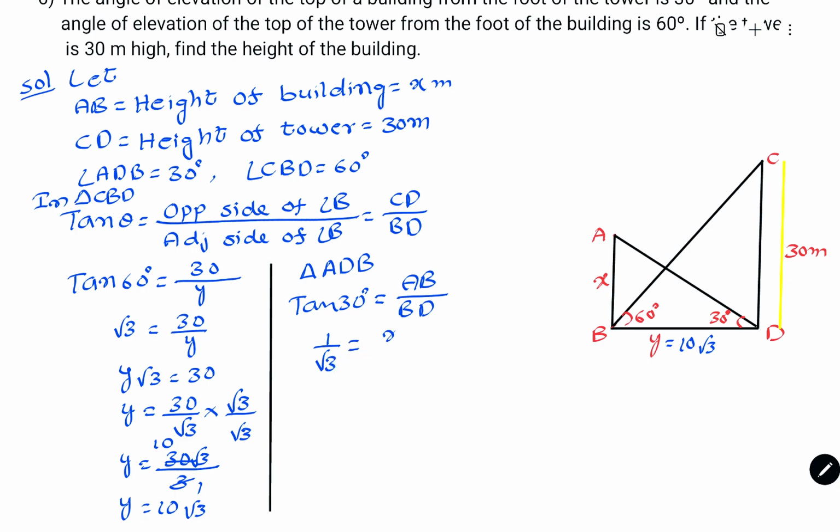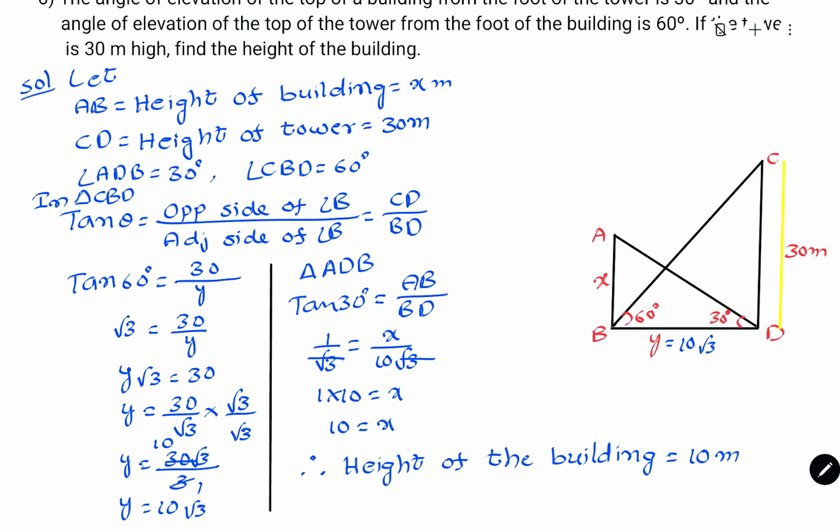Here AB is x and BD is 10 root 3. Here root 3 cancel. So now transpose 10 from RHS to LHS, then it will be 1 into 10 is equal to x. 1 10 ja 10 is equal to x. Therefore height of the building is equal to 10 meters.